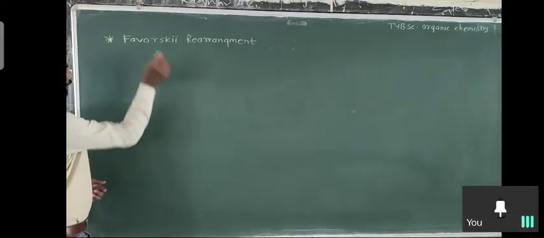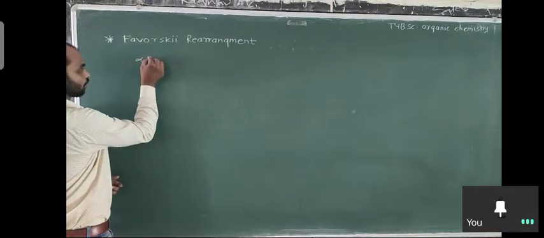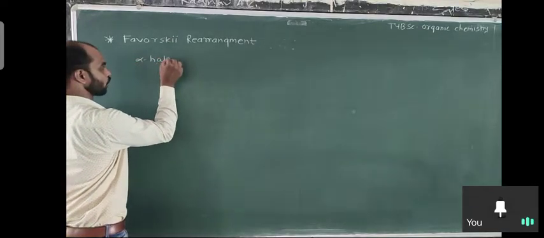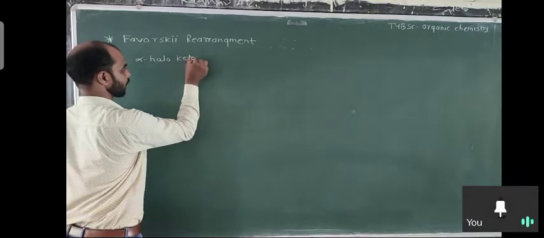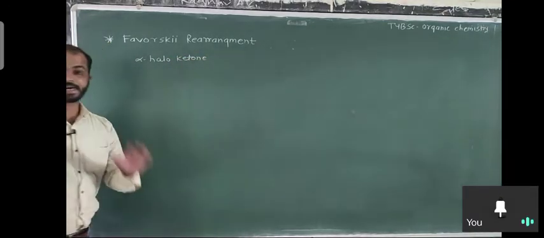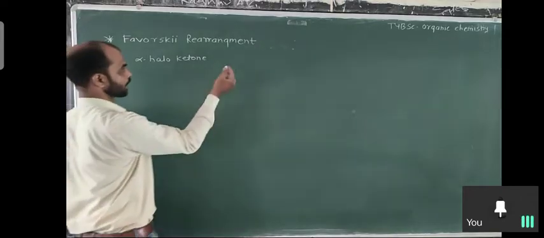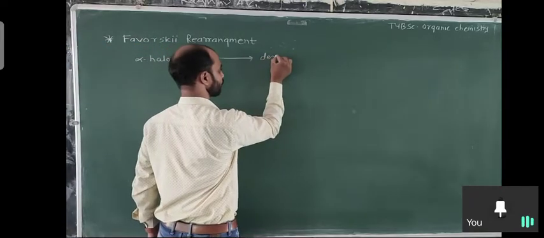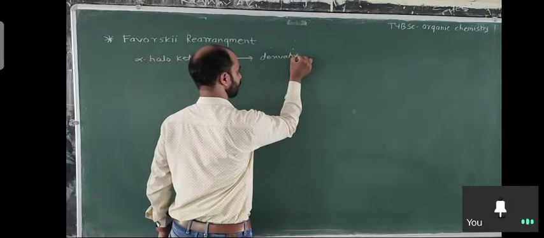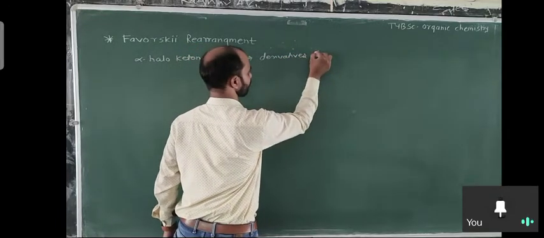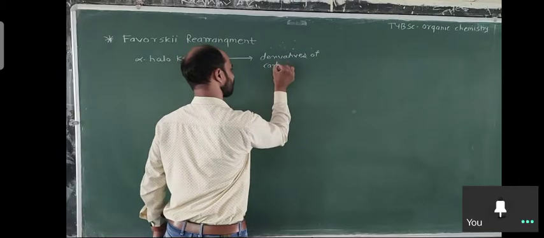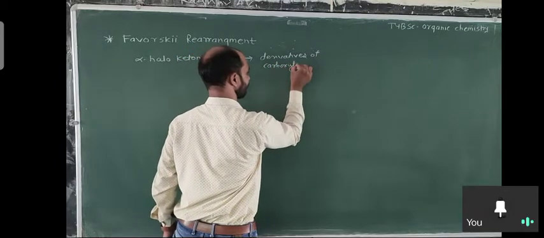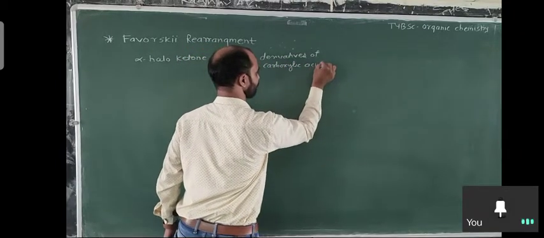In that reaction, an alpha haloketone is used as the starting material. It will be converted, or rearrange, into derivatives of carboxylic acid in the presence of base.